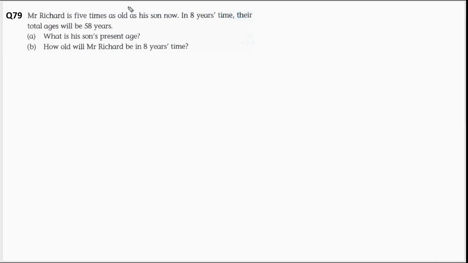Now, whenever you get an age question, and experience teaches you this, you just have to remember that even though you might be given information where someone is 2 times or 3 times or 5 times as old as somebody else, everybody, no matter what age they are, and no matter what age they are in relation to somebody else, everybody ages 1 year per year.